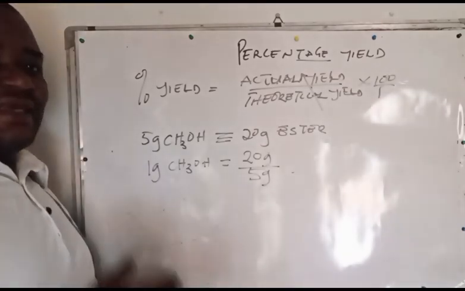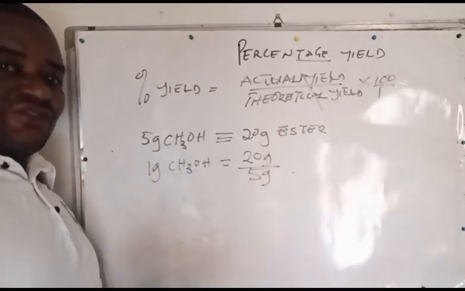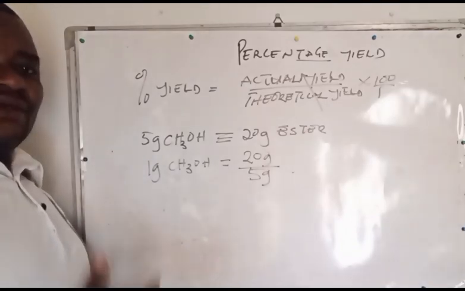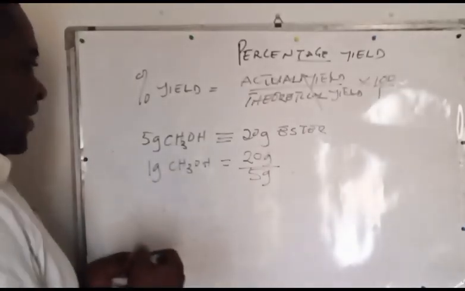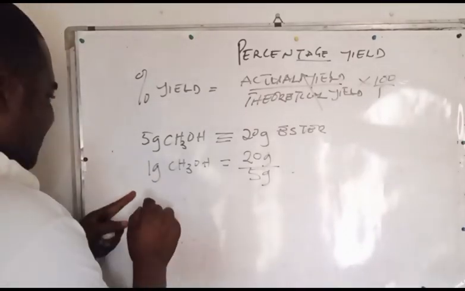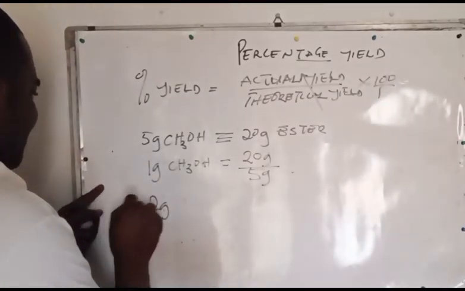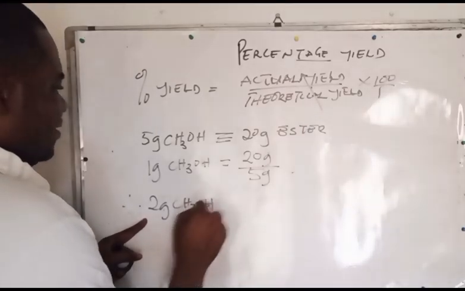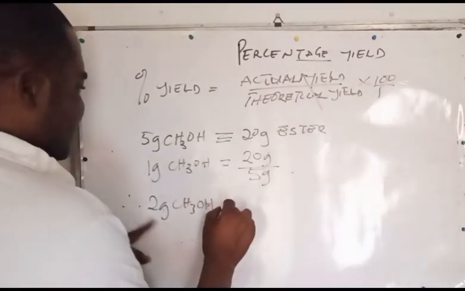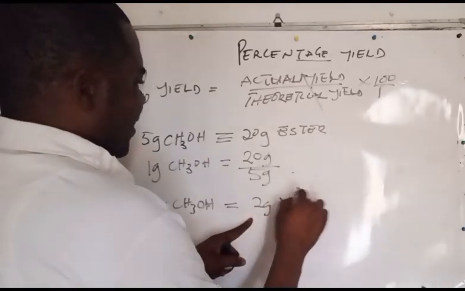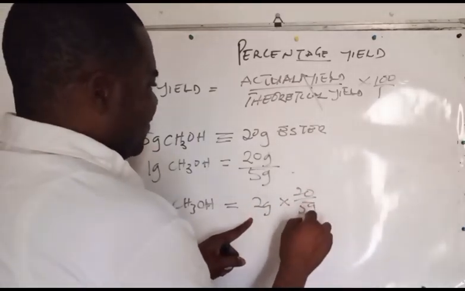Remember that we are told that in the actual reaction, the amount of ethanol that was used was 2 grams, and it yielded 3 grams of ester. So the 2 grams, which is the actual amount that reacted, will give us 2 grams multiplied by 20 over 5 grams.